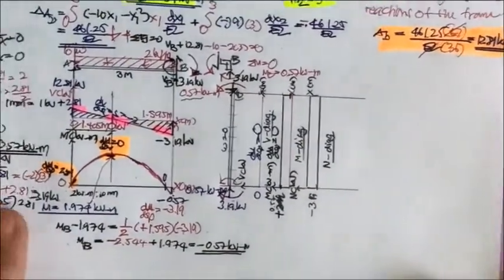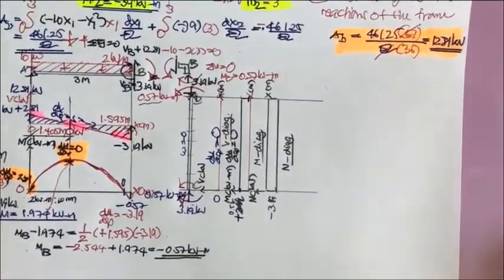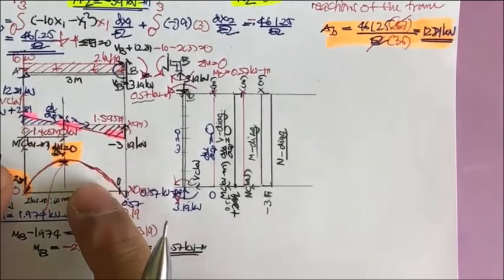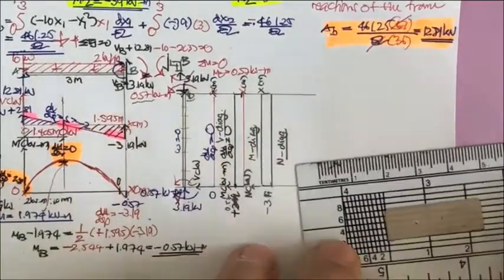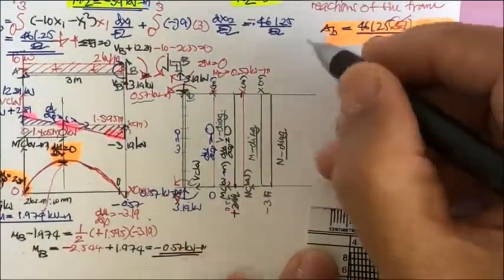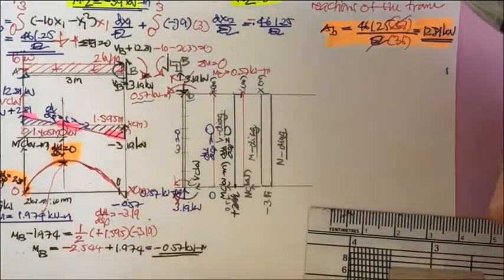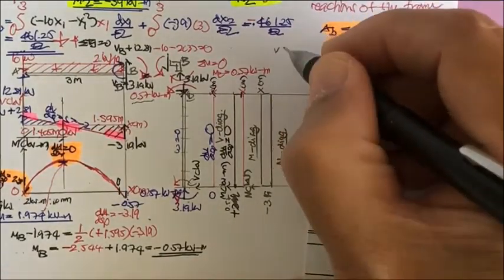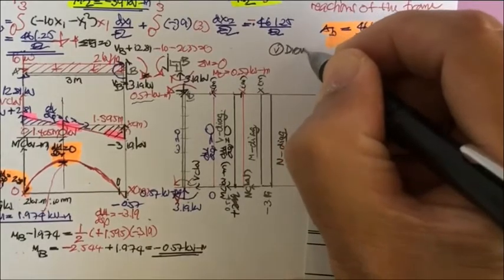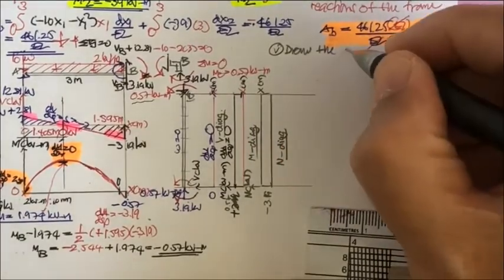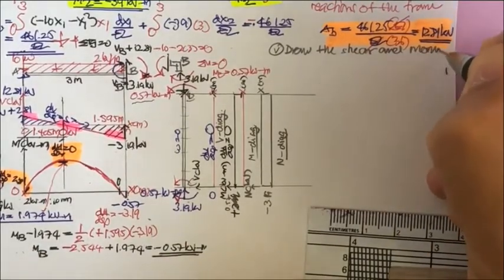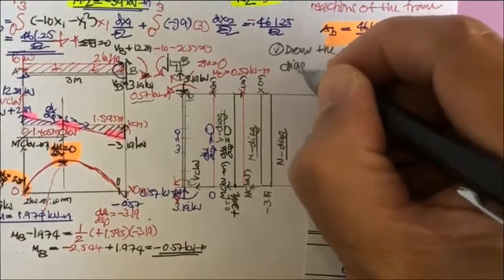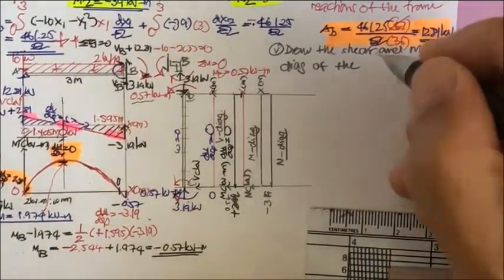Okay, that is all for what we have: the shear diagram and moment diagram of the beam, and this one is the shear diagram and moment diagram of the column. And then for the elastic curve, draw the shear and moment diagram of the frame.